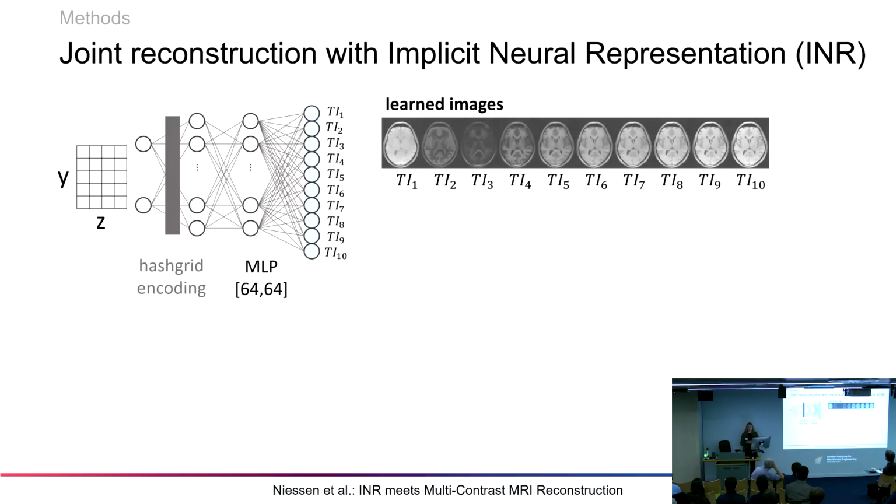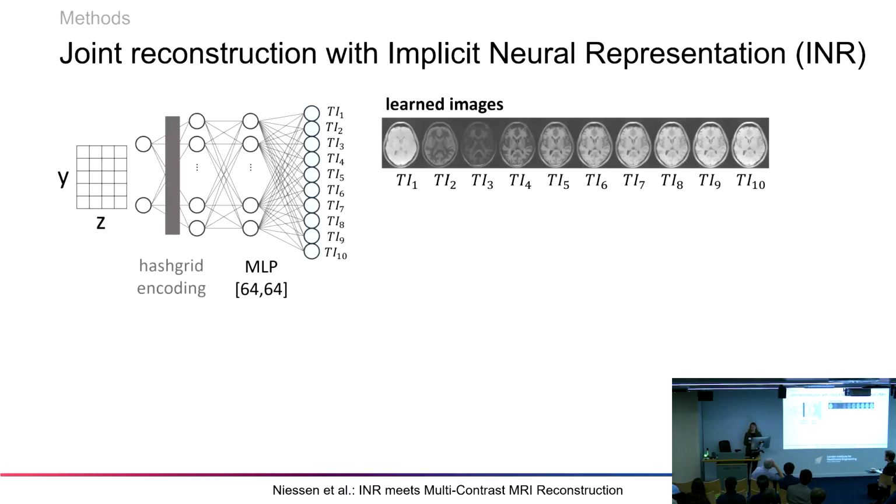In general, implicit neural representation is a deep learning architecture that learns a continuous mapping from the image coordinates, in this case y and z, to the complex image intensity values. We can look at this like an encoder-decoder architecture. In our case, we use hash grid encoding.